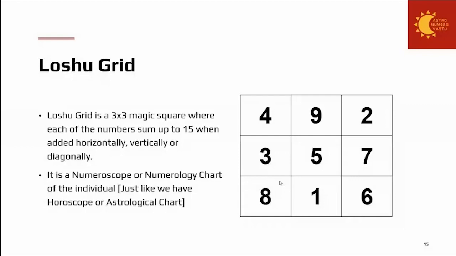It's not that you will place 4 elsewhere. You have to be very careful. If you have to put 5, you will put it at the center cell only. You're not going to put 5 here and there. So you have to ensure that the placeholders where these numbers are entered remain fixed.